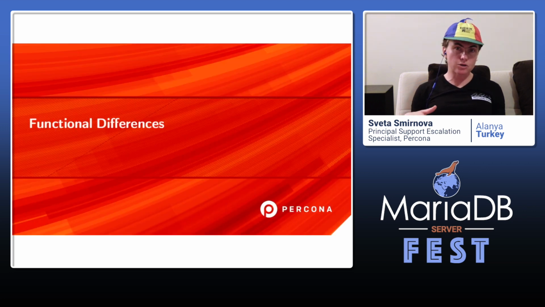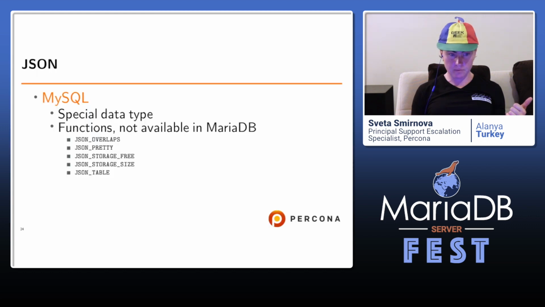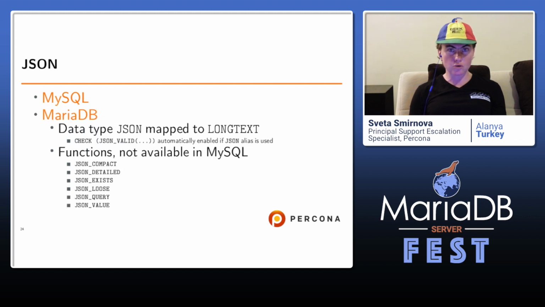Functional differences, so differences in similar functionality. First is JSON. MySQL has a special data type which contains JSON in an optimized format. It also has functions which are not available in MariaDB. In MariaDB, you can also create a table with the JSON data type, but this data type is mapped to long text, because MariaDB ran tests and found that the JSON data type doesn't have performance advantages for the MariaDB server.